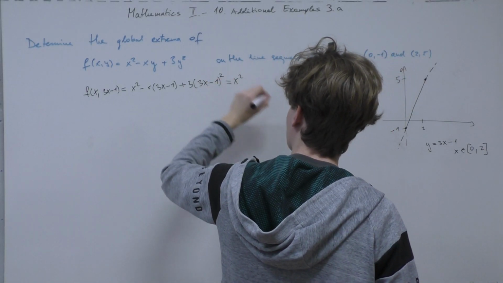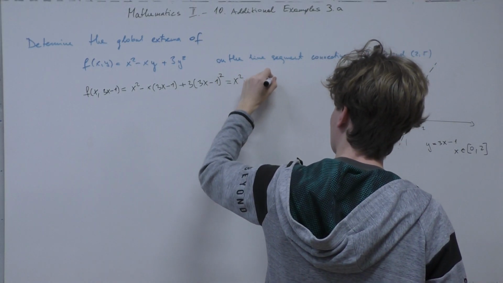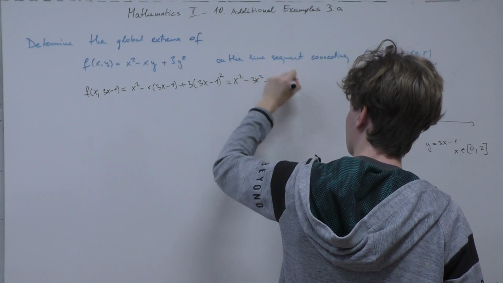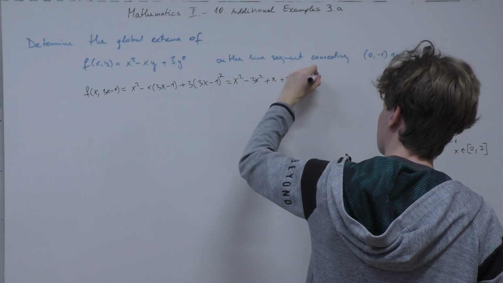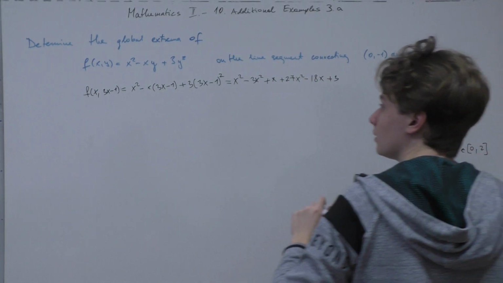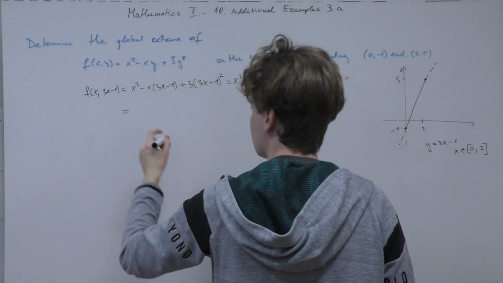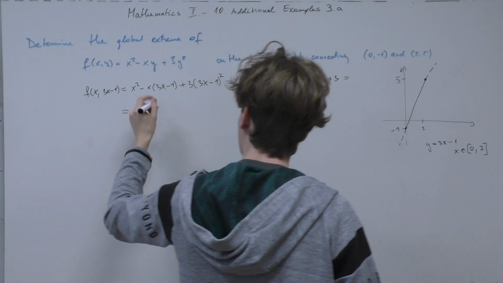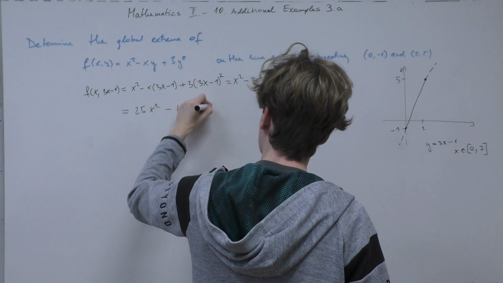This will be x squared minus 3x squared plus x plus 27 times x squared minus 18 times x plus 3. Now you can combine similar terms, so this will be 25x squared minus 17x plus 3.